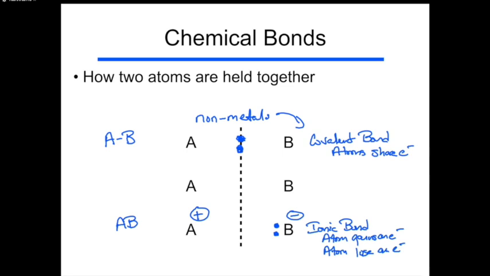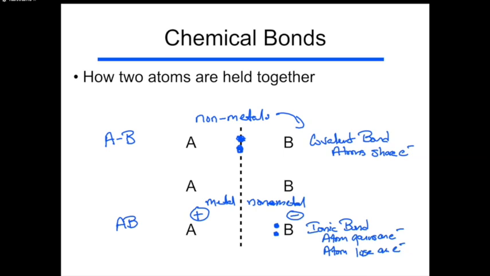An ionic bond happens when a metal, normally, and a nonmetal react. The metal and the nonmetal, one of them attracts electrons so much that it will steal the electron from the other, creating an ionic bond.